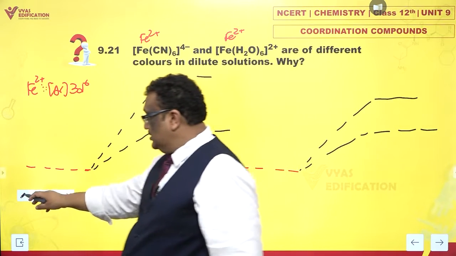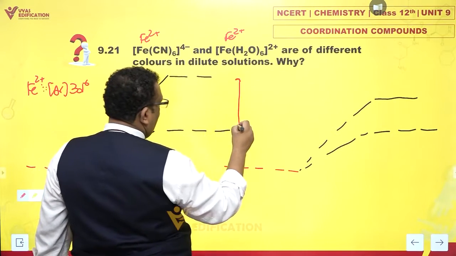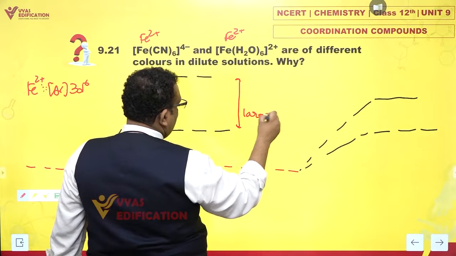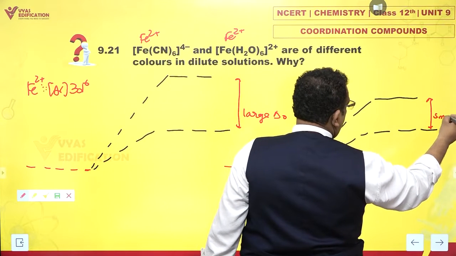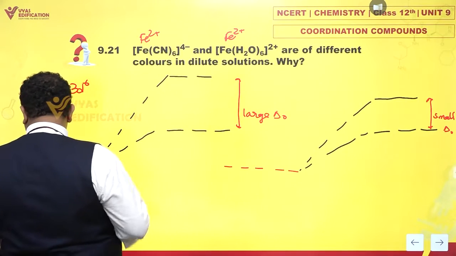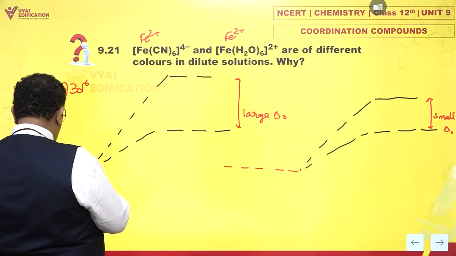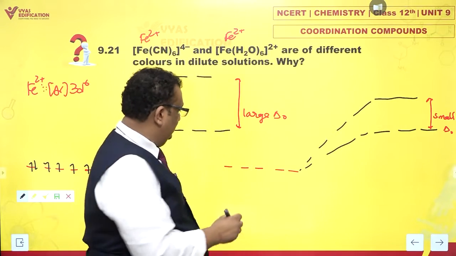Right? How does it affect? Well, it affects very strongly. You have large delta O and you have small delta O. D6 configuration, if you have 1, 2, 3, 4, 5, 6 like this. This is original.